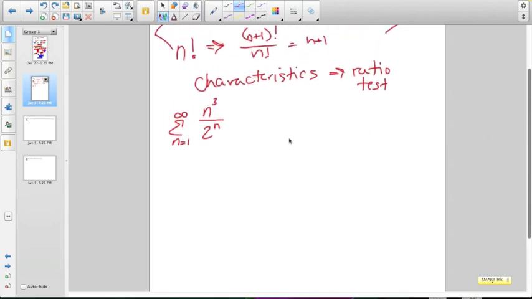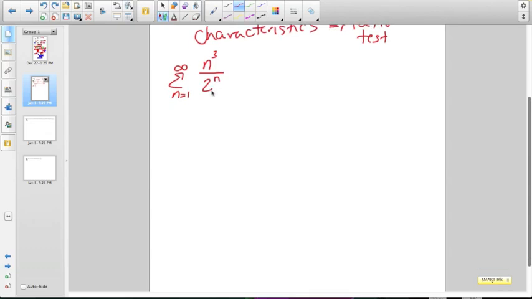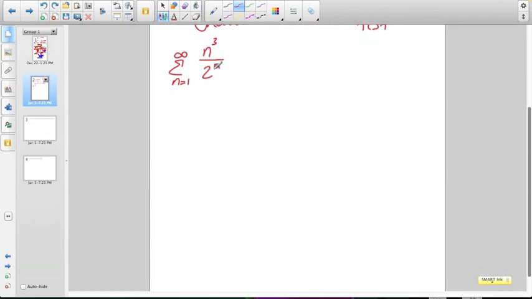Since these series themselves are fractions, a lot of times we're doing fraction divided by fraction, so we do a lot of inverting and multiplying. So my a sub n term looks like n cubed over 2 to the n. My a sub n plus 1 term looks like putting n plus 1 in for everything. So n plus 1 cubed over 2 to the n plus 1.